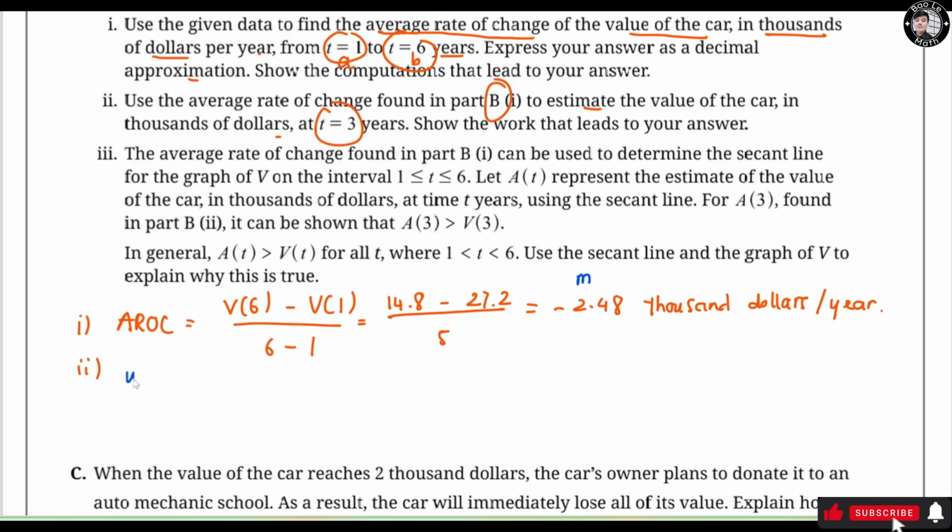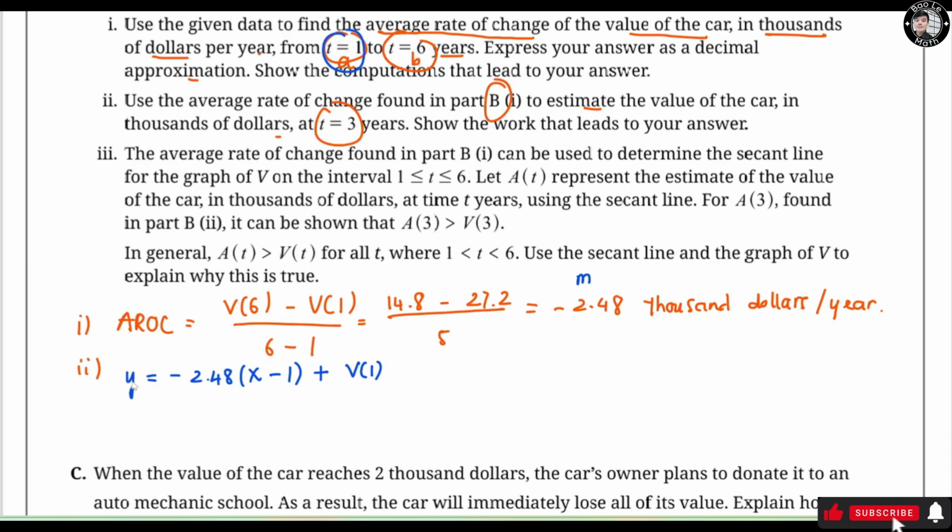So we have y equals the slope, negative 2.48, times t minus t1, where t1 is 1, and then plus y1, where y1 is V of 1.